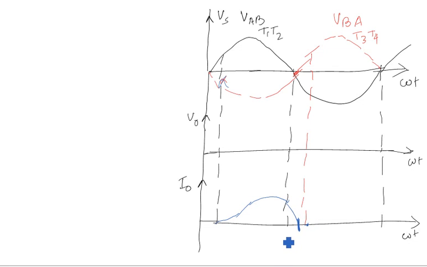Let us assume that this is alpha, this is pi, this is beta, and this is pi plus alpha.